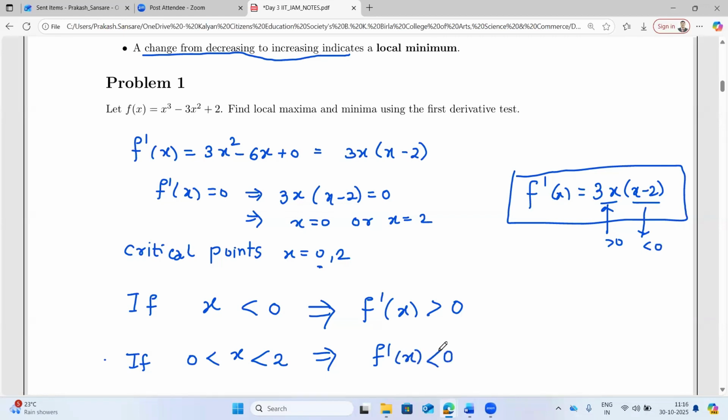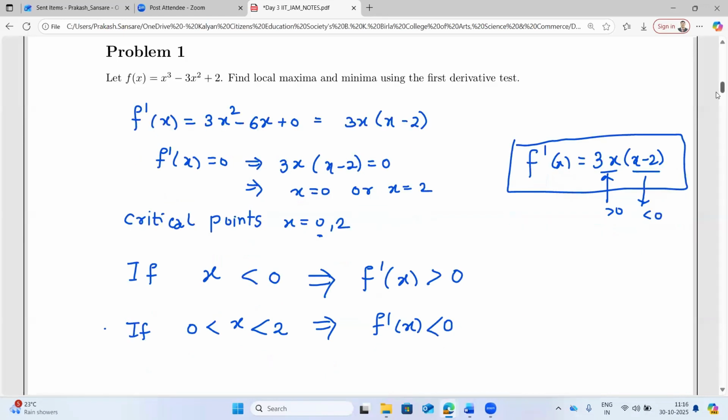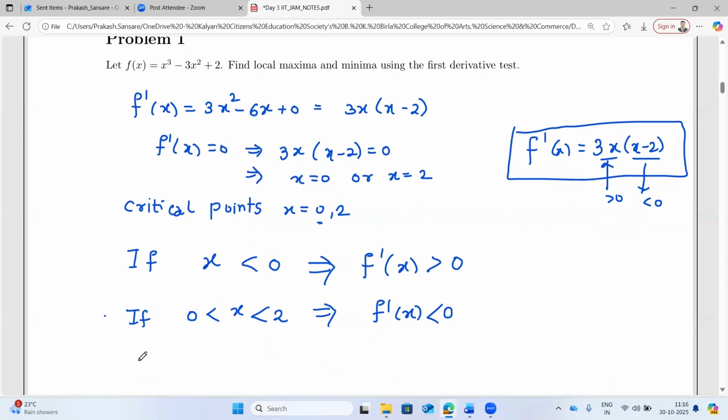Is it okay? Yes, sir. And the third case, if x is strictly greater than 2, then 3x is positive and x minus 2 is positive. So the resultant f dash x is also positive, f dash x is strictly greater than 0.